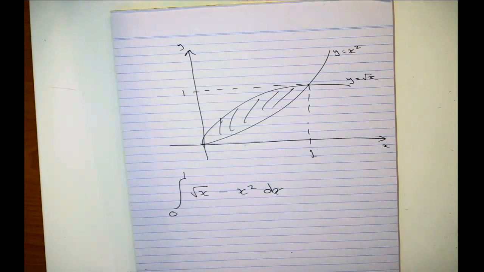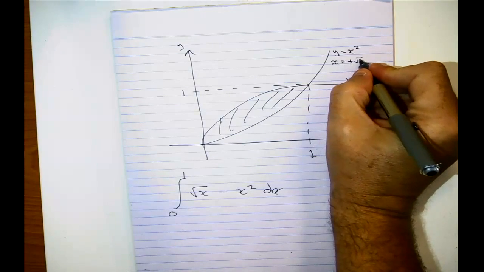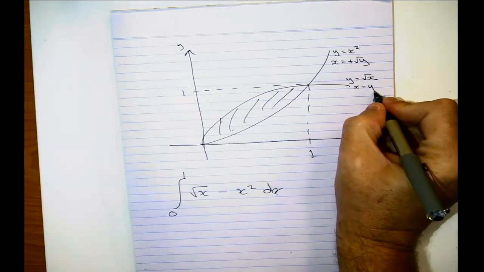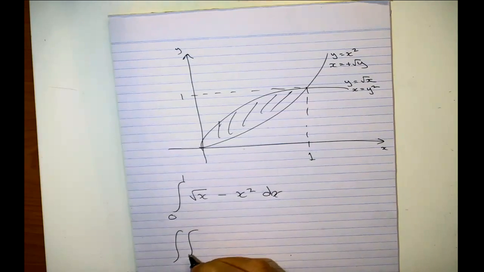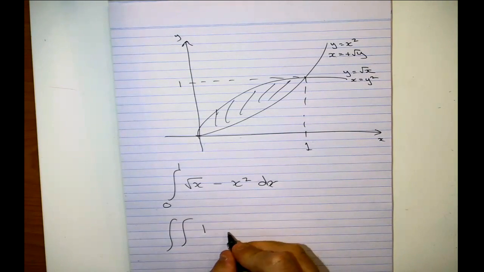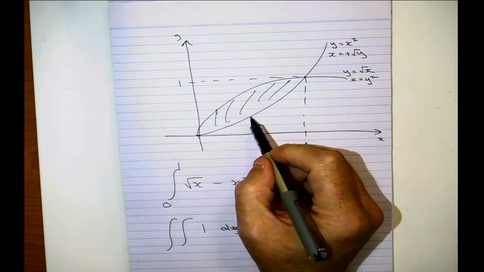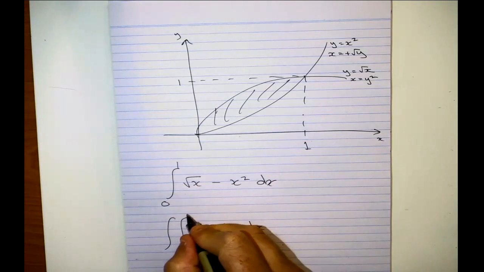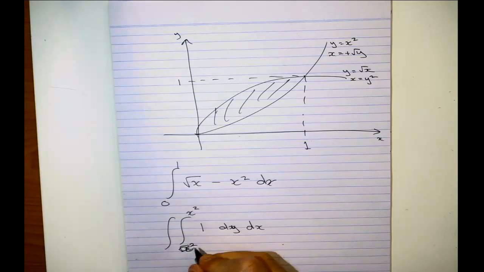You could also think of this as a double integral where you're finding the volume bound by a surface z equals 1 and sitting above this region in the xy plane. And this has the advantage that if you invert these, you could think of this instead as a double integral of 1, and let's say I do y first, then x, then y would go from x squared to root x.